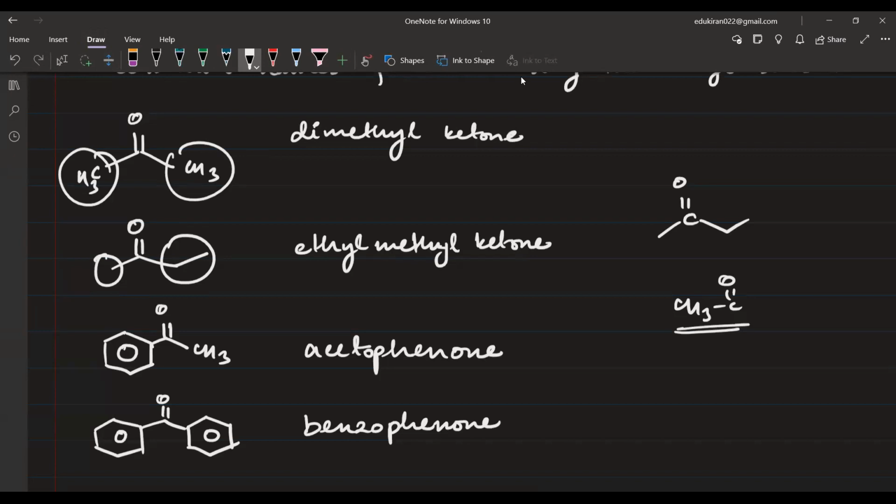All of these names you should know. If you are given the name, you should know what the structure is also.